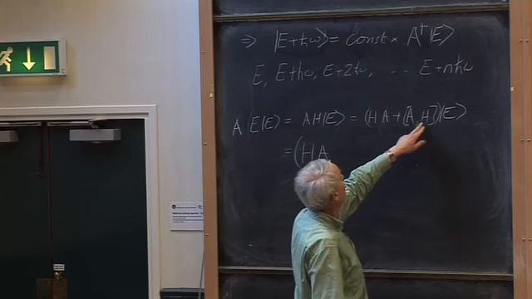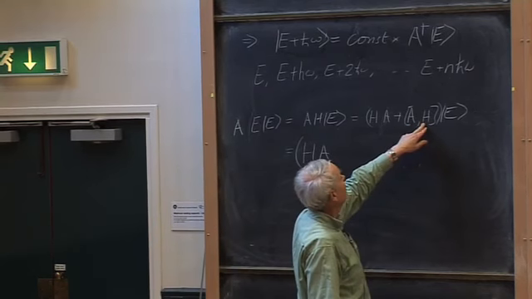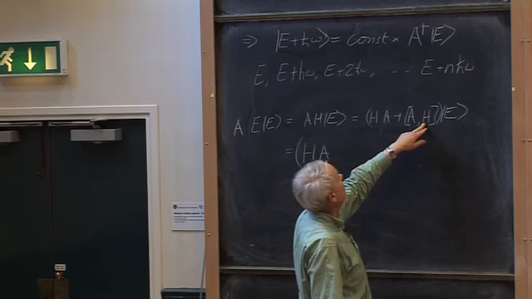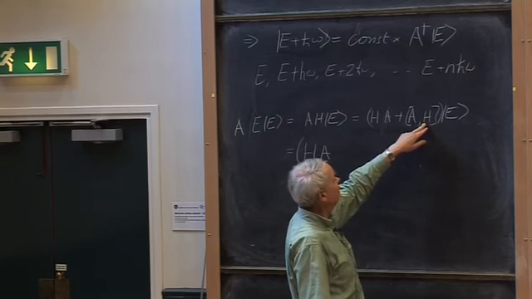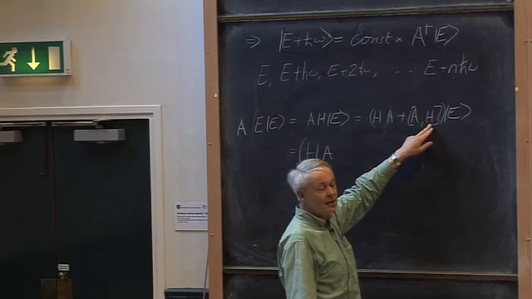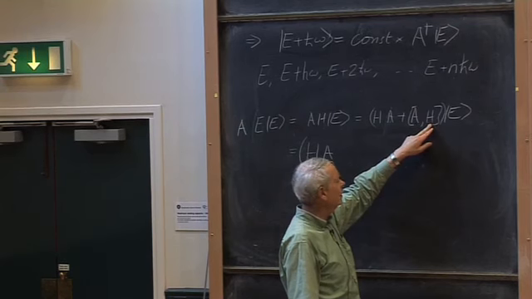So this is going to be replaced by A dagger A plus a half h bar omega. We can forget about the half because we're inside a commutator and a half commutes with everything.